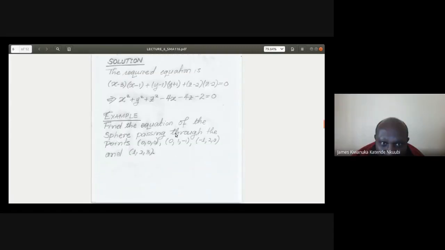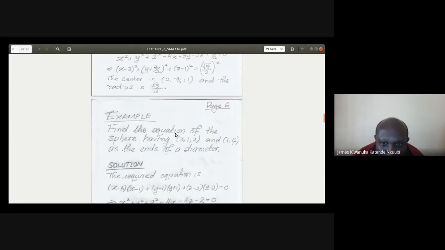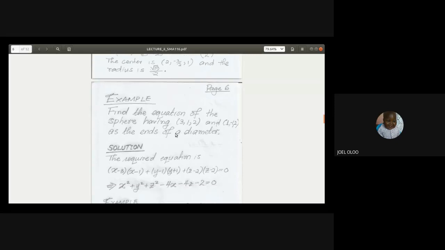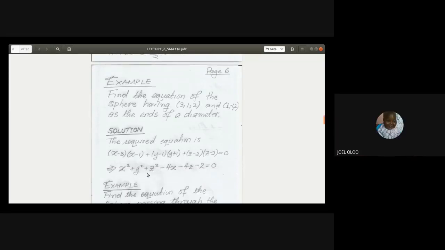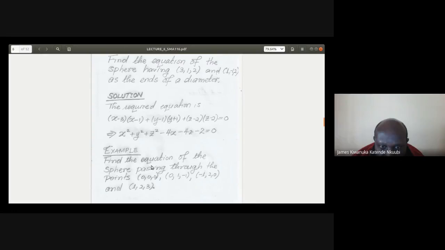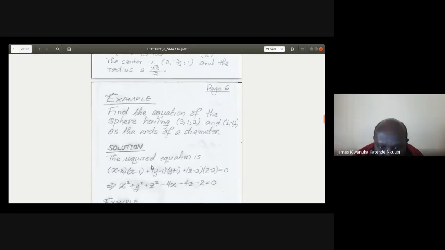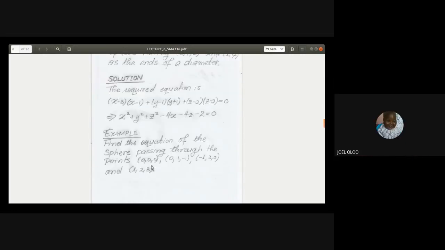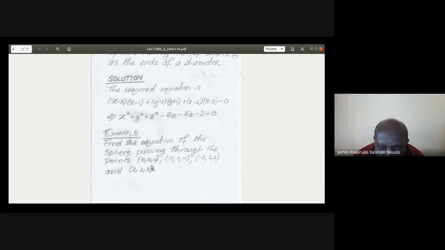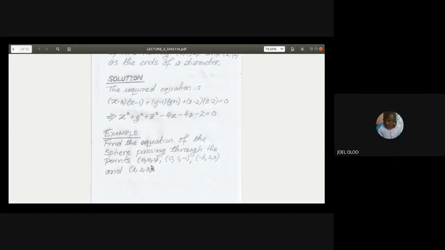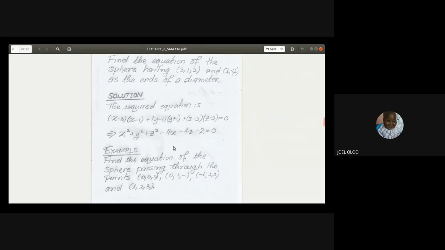What is the answer? The answer is x squared plus y squared plus z squared minus 4x minus 4z minus 2 is equal to 0. That's correct.